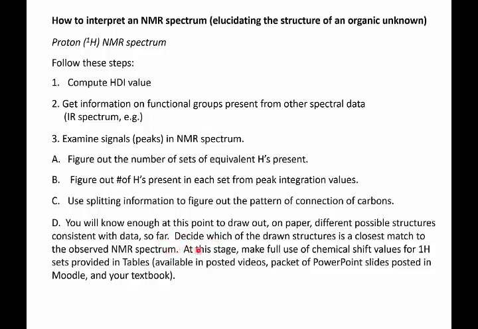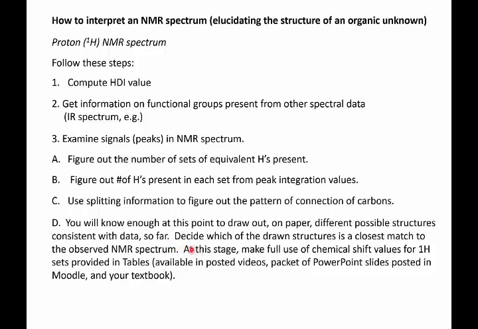In other words, you're going to take each structure and sketch what the NMR spectrum of that would be and make a comparison of that predicted, or rather drawn, structure with the actual NMR spectrum.